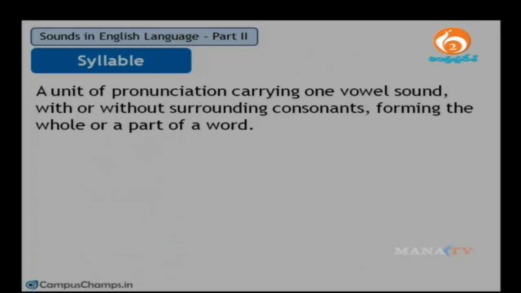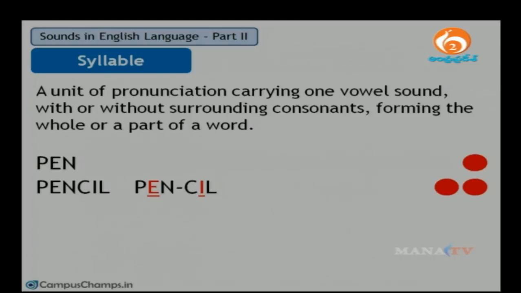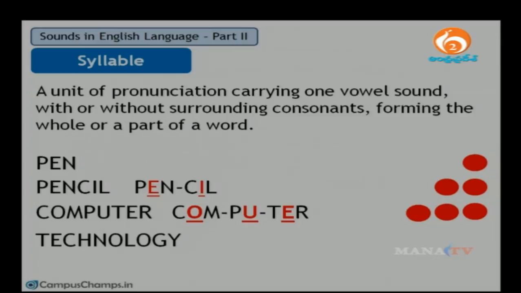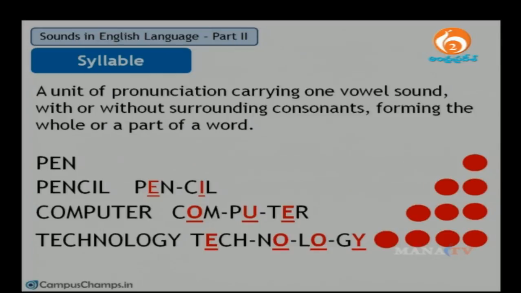What do we mean by syllable? A syllable is a unit of pronunciation carrying one vowel sound with or without surrounding consonants, forming the whole or a part of a word. We looked at certain examples: pen, pencil, 2 syllables; computer, 3 syllables; technology, 4 syllables.